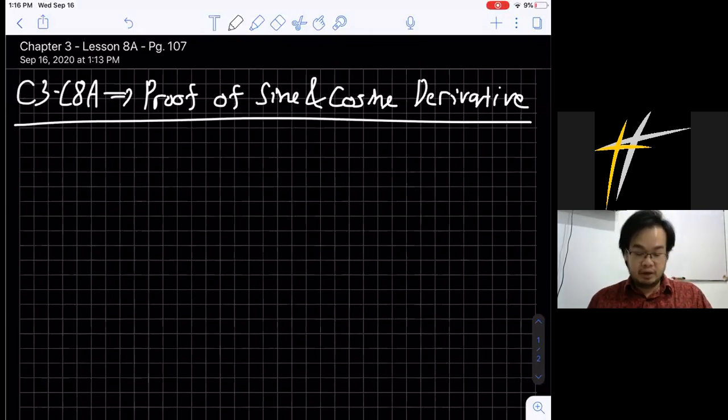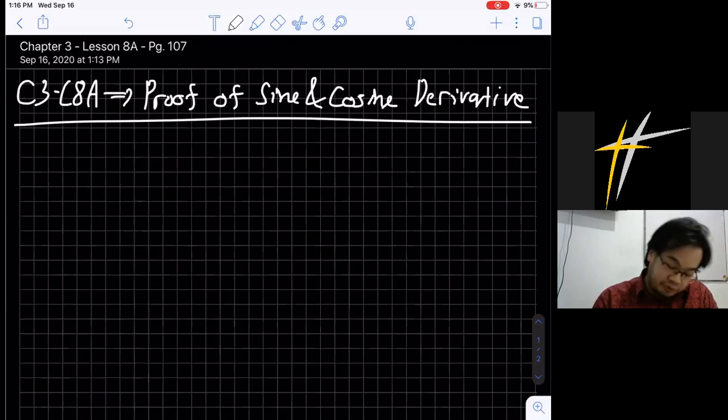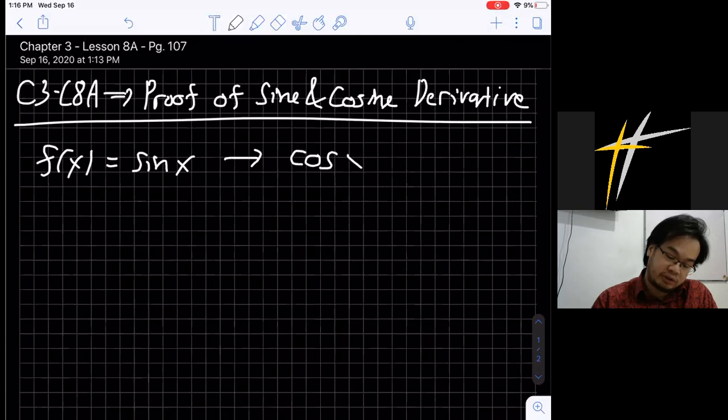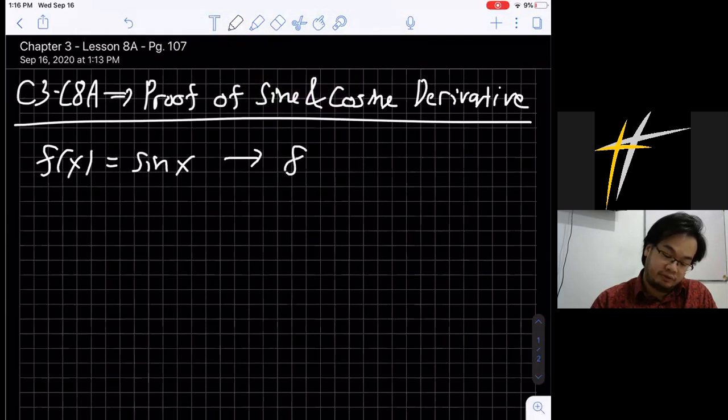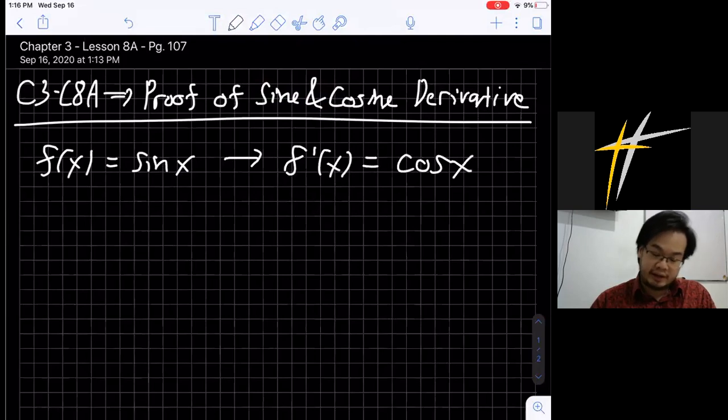Page 107. So the goal of today is to prove that the derivative of sine x is equal to cosine x. If f(x) equals sine x, then the derivative is cosine x.